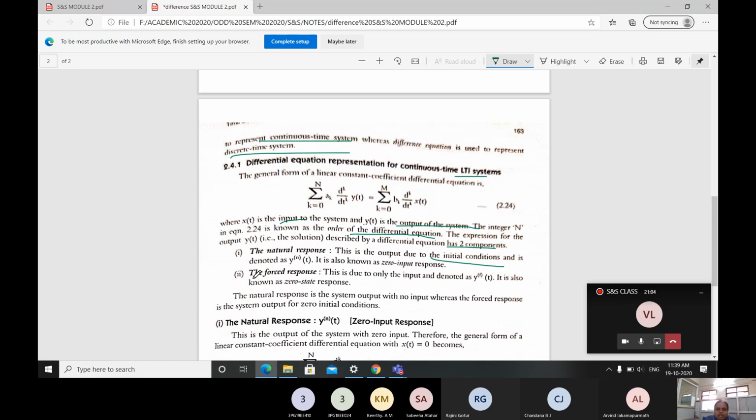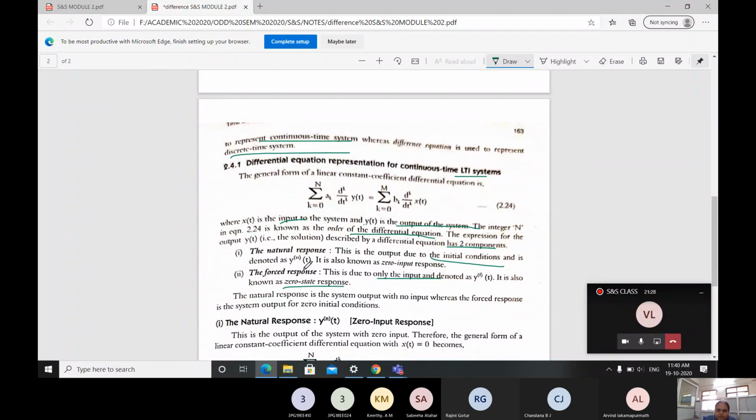Next is the forced response. The forced response is due to only the input, and it is denoted as y^(f)(t). This is also known as the zero state response.